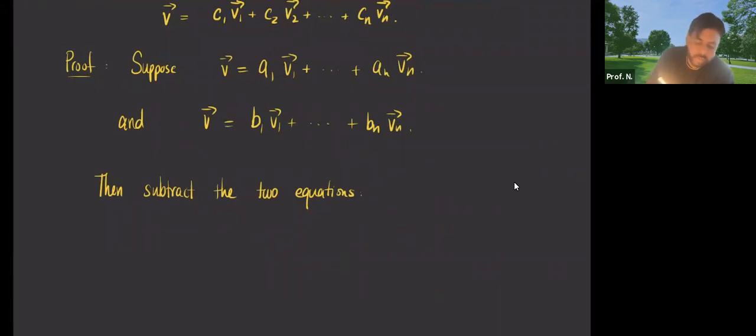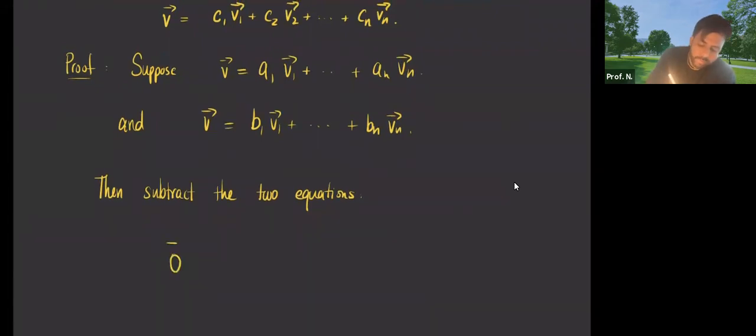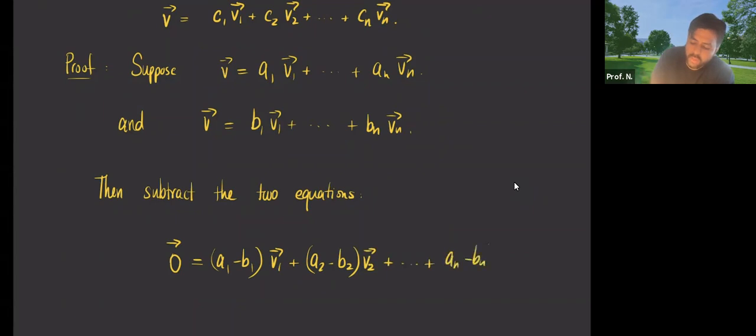V minus V would be what? The zero vector. A1 V1 minus B1 V1 would be (A1 minus B1) times V1, plus (A2 minus B2) times V2, all the way to (An minus Bn) times Vn. Sorry, this should be this.